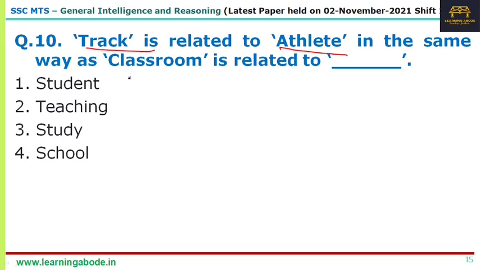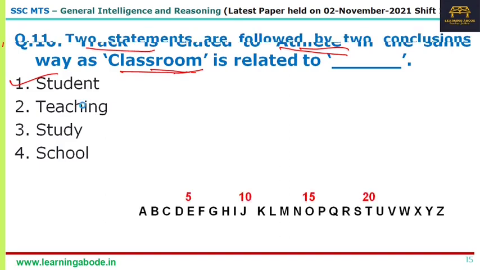In that similar way, in a classroom, a student, which is obvious from the answer choices also among the other options. A student is the person who participates, who learns. So answer is student for question number 10, analogy based one.